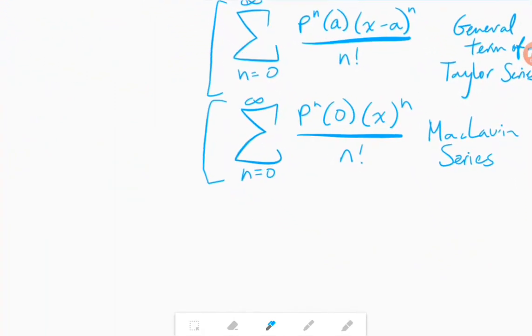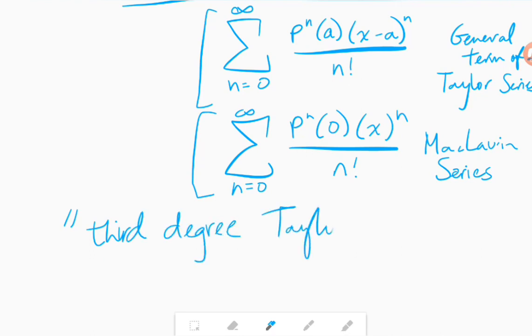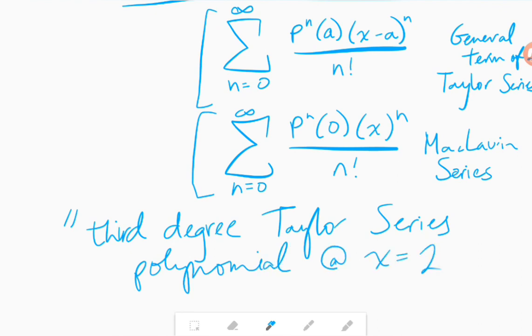On the AP exam and on tests, you're going to be asked to construct a Taylor series polynomial. But obviously you can't go on towards infinity, so they might ask you to construct a third degree Taylor series polynomial at maybe x is equal to 2 or something like that.